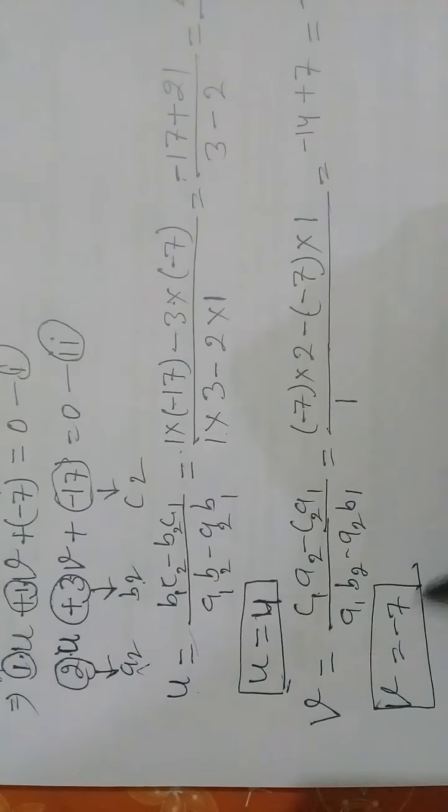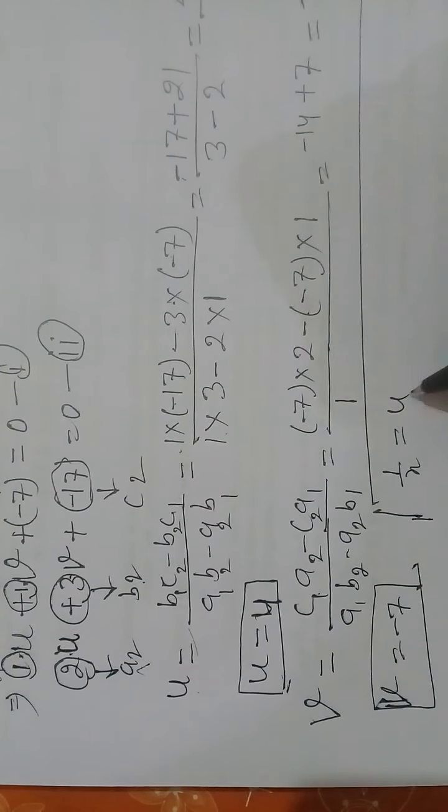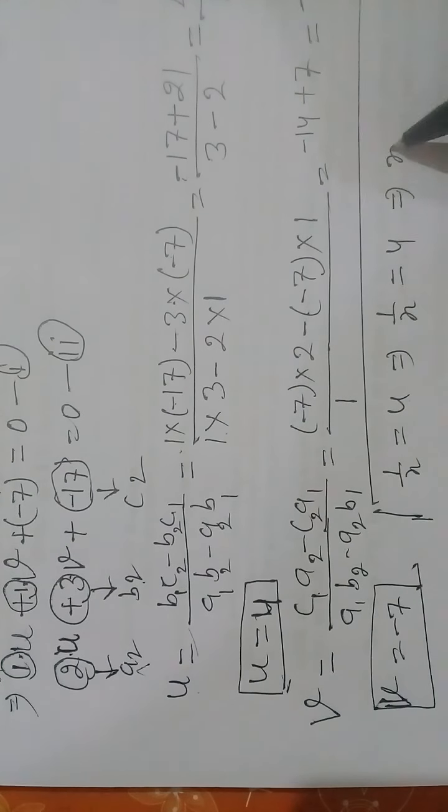Now putting these values in our supposition, we know 1 by x is equal to u, which implies 1 by x is equal to 4. It implies x is equal to 1 by 4.